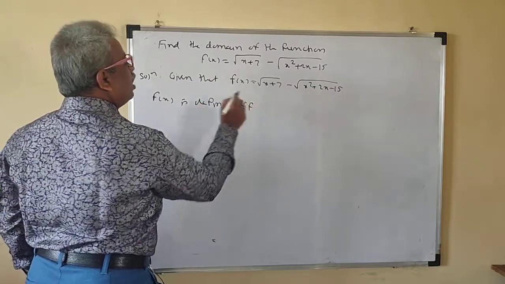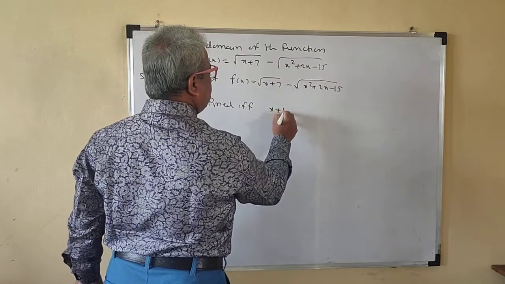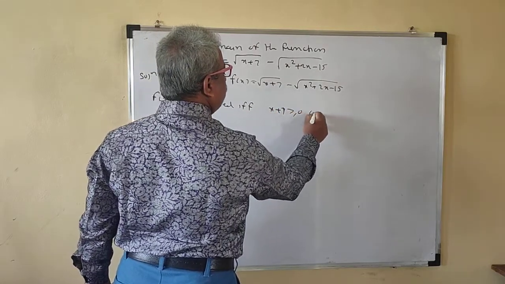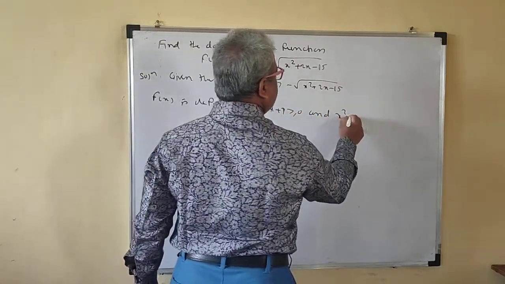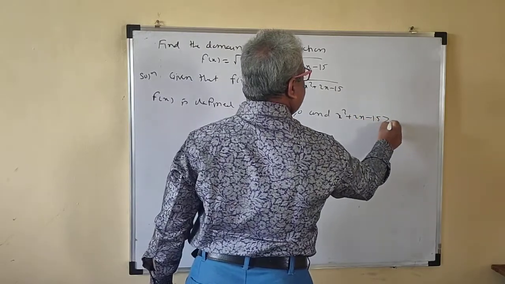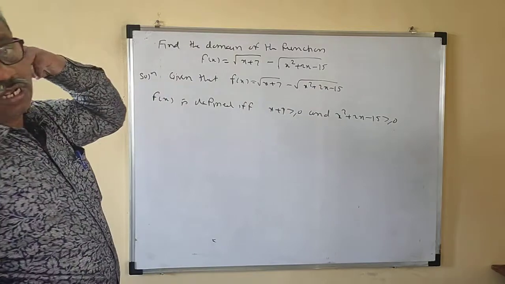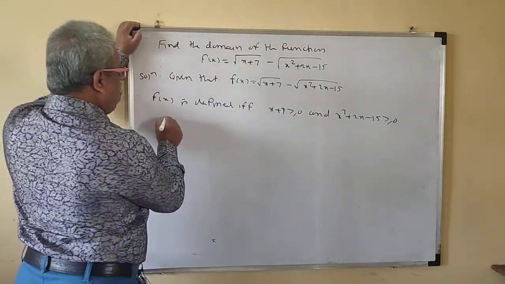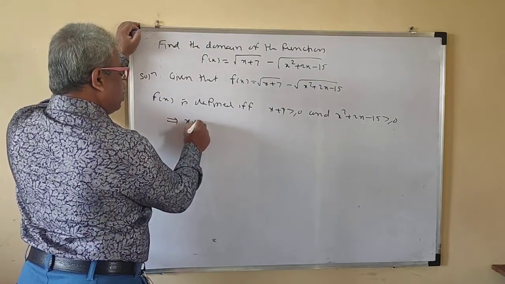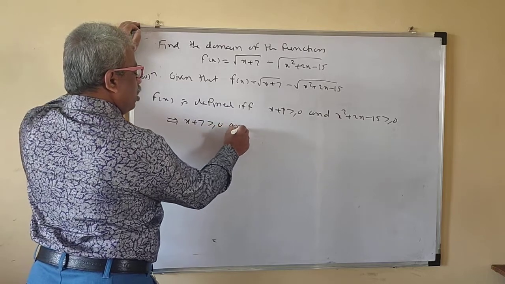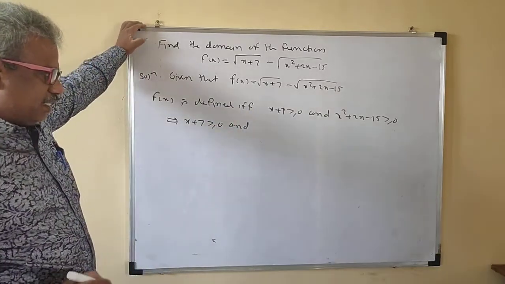if and only if x plus 7 is greater than or equal to 0 and x square plus twice x minus 15 is greater than or equal to 0. This is the condition. What does this imply? x plus 7 is greater than or equal to 0, and you can factorize this.